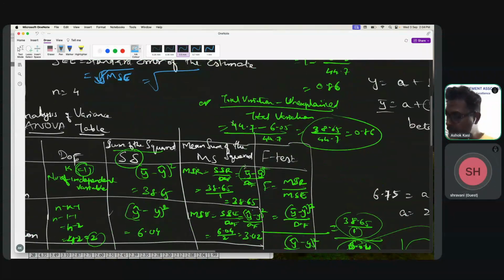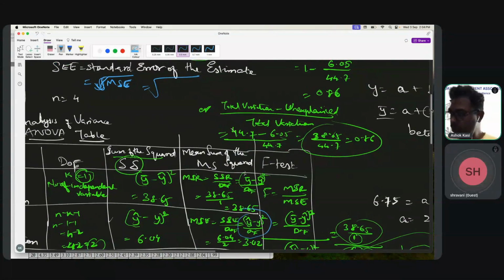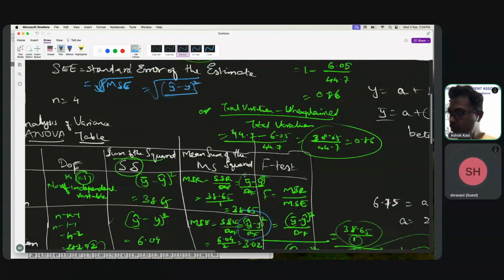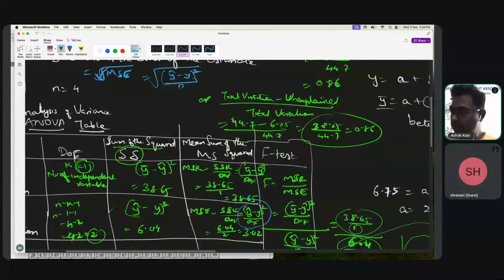MSE is this part: y hat minus y the whole square divided by degree of freedom. This is in the form of variance, so I'm taking the root. Root of MSE 3.02.